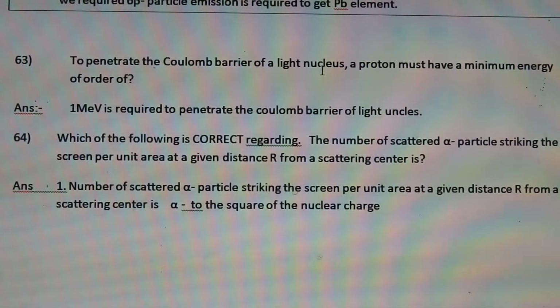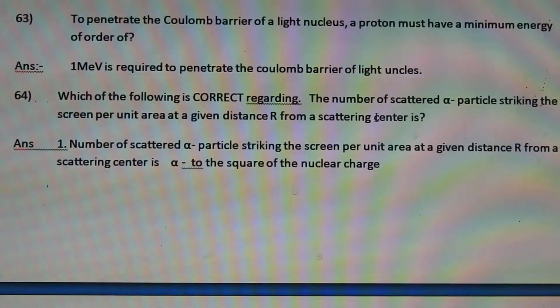Light nucleus means small nucleus. So to penetrate a small nucleus, a minimum energy is required. 1 million electron volt is required to penetrate the Coulomb barrier of a light nucleus. So the proton should have a minimum of 1 million electron volt to penetrate the Coulomb barrier of a light nucleus.